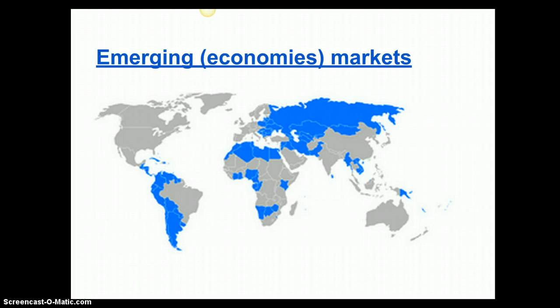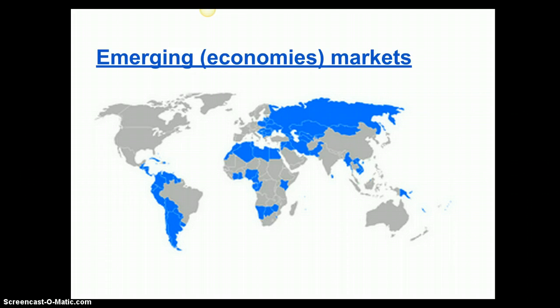I'm not entirely happy with this map either. We have countries here in Africa where it's tricky to say that they would be emerging markets. We have a set of countries called the BRICS, which is Brazil, Russia, India, China, and South Africa, said to make up a large proportion of the population in emerging markets.